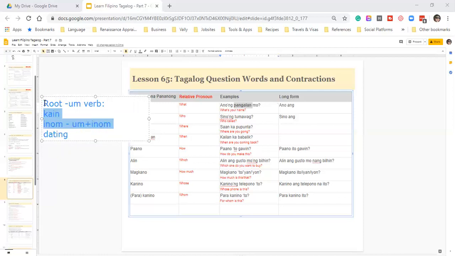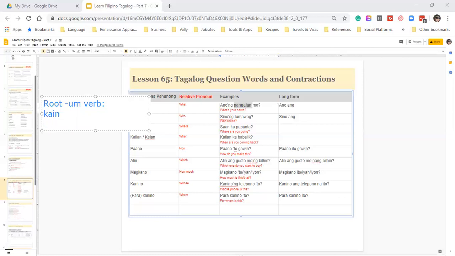Why? Because we are asking basically the location where the actor is going to do that verb. So for example, it involves the verb again. Like here, saan ka? Again, you're going to use the future tense here. So we're going to use the same kain.